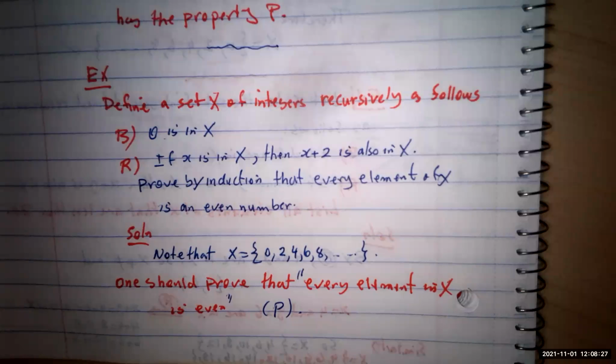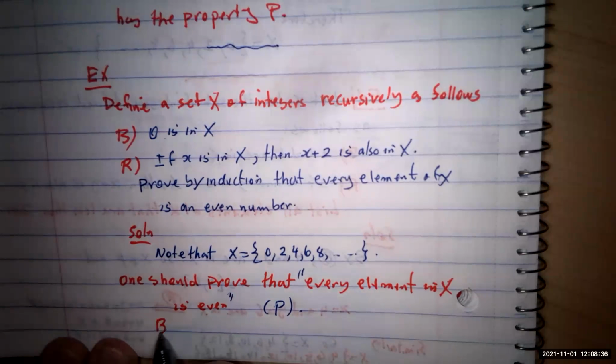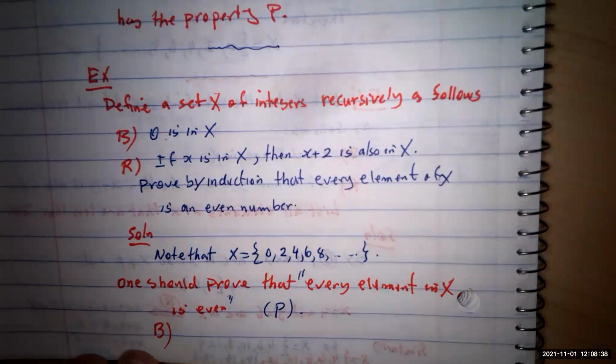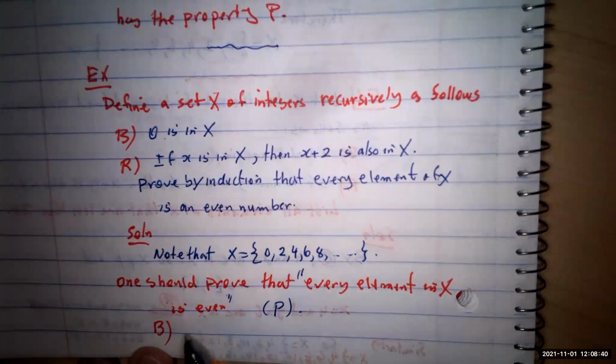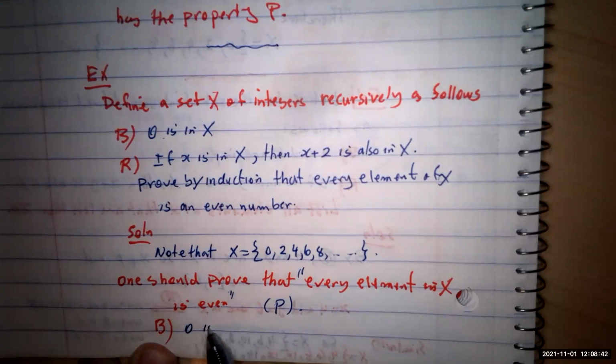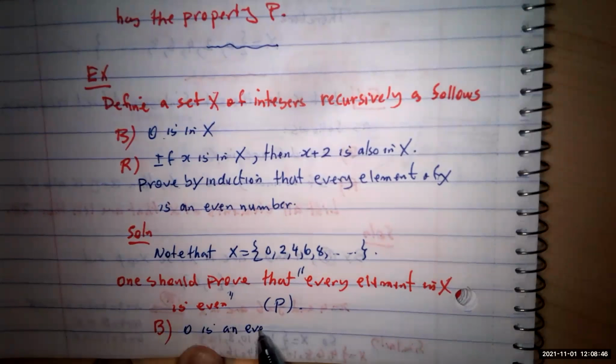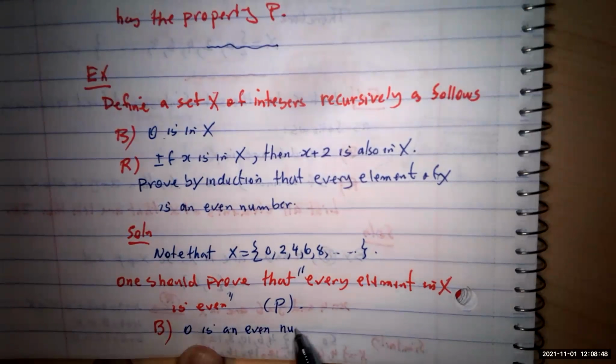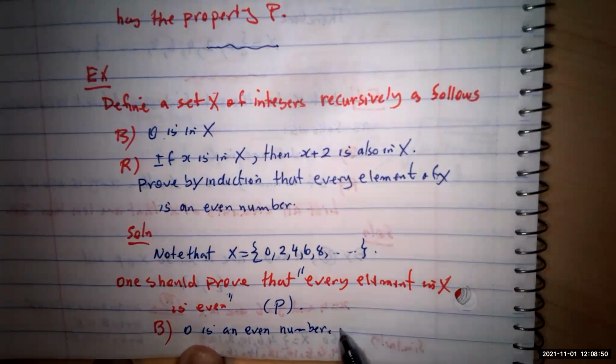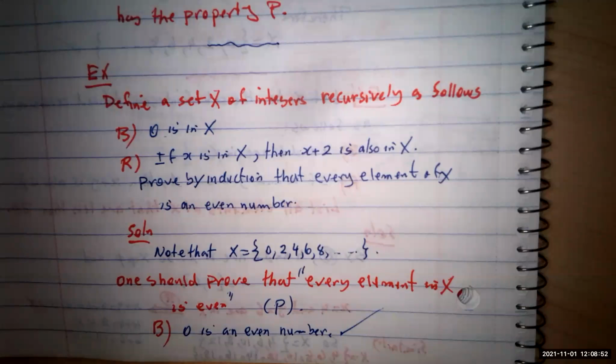For the basic part, you show that the basic element in this set is an even number. The basic part is that 0 is an even number. So that's the basic part.